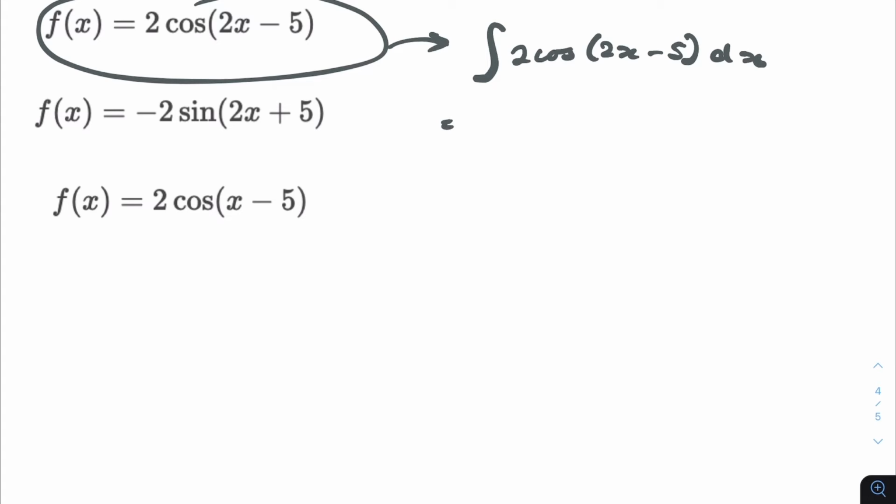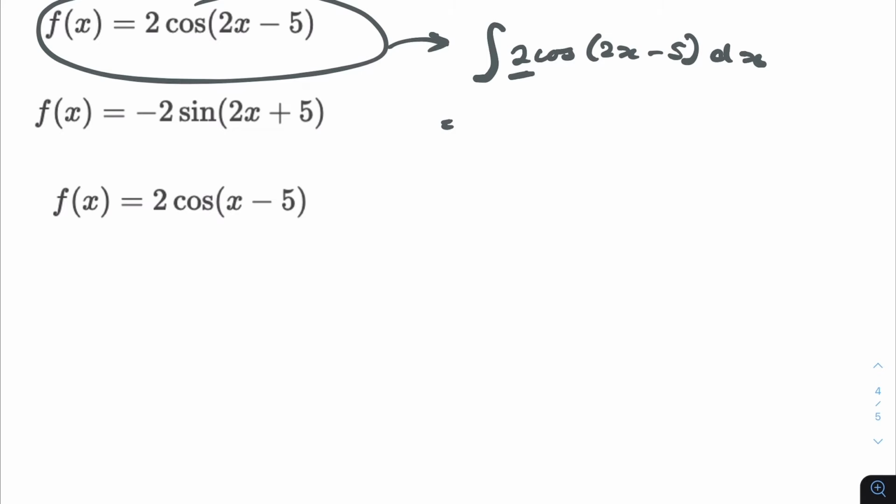All right, so the first thing we have to realize is that this over here gets divided rather than multiplied. So we take the derivative of this part, and then we divide it by the coefficient of cos.